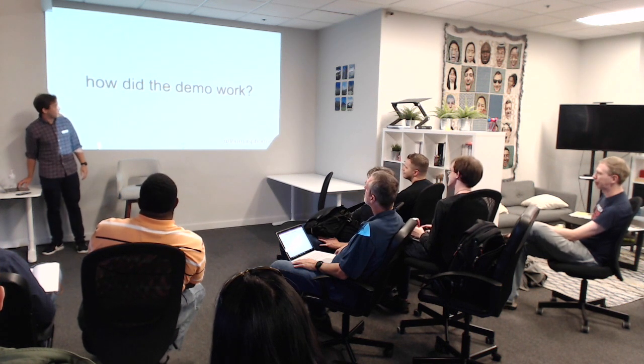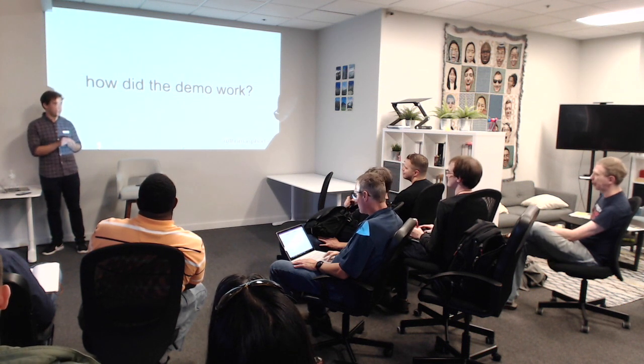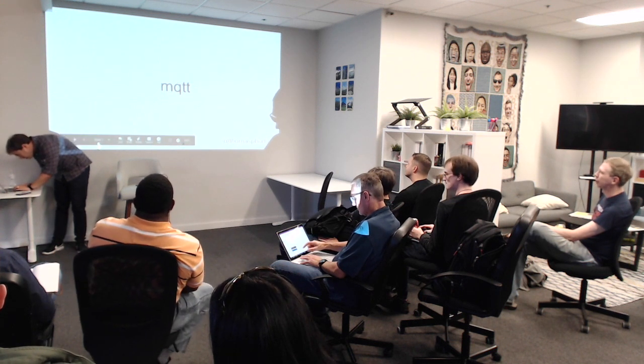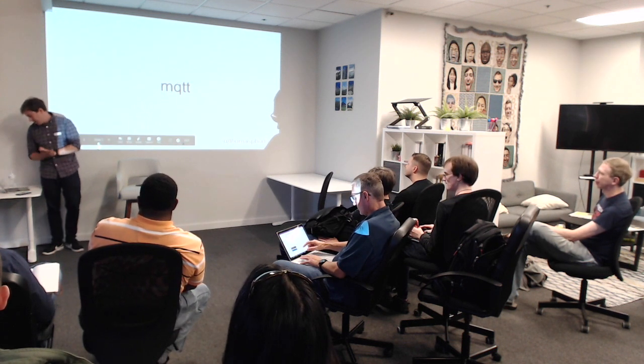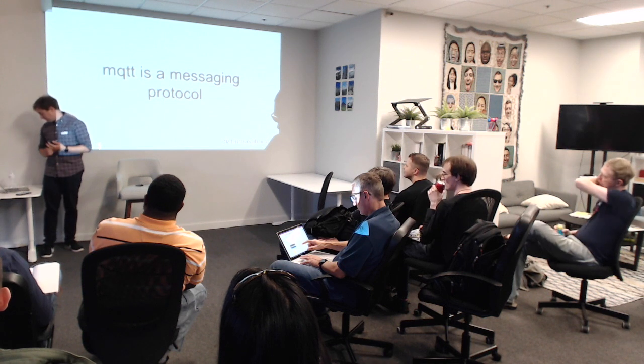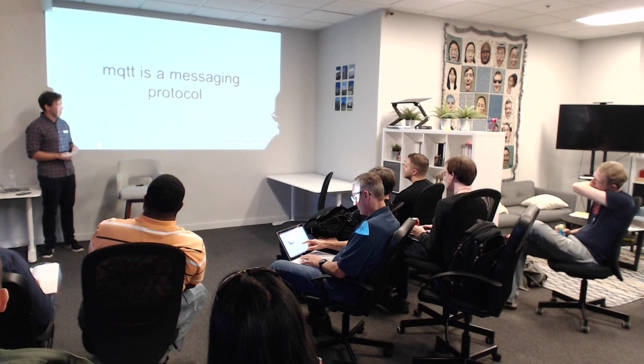So we talked about how the demo worked a little bit. The magic behind how all these different things communicate with each other is MQTT. MQTT is a messaging protocol. It stands for MQ Telemetry Transport. MQ, I think, is message queue.